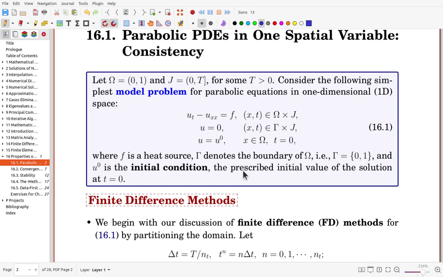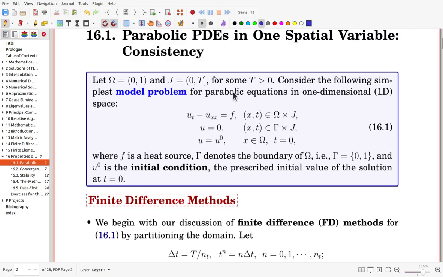Here we have a model problem for parabolic equations in one-dimensional space: u sub t minus u sub xx equals f. That's the PDE, and this one is the boundary condition.